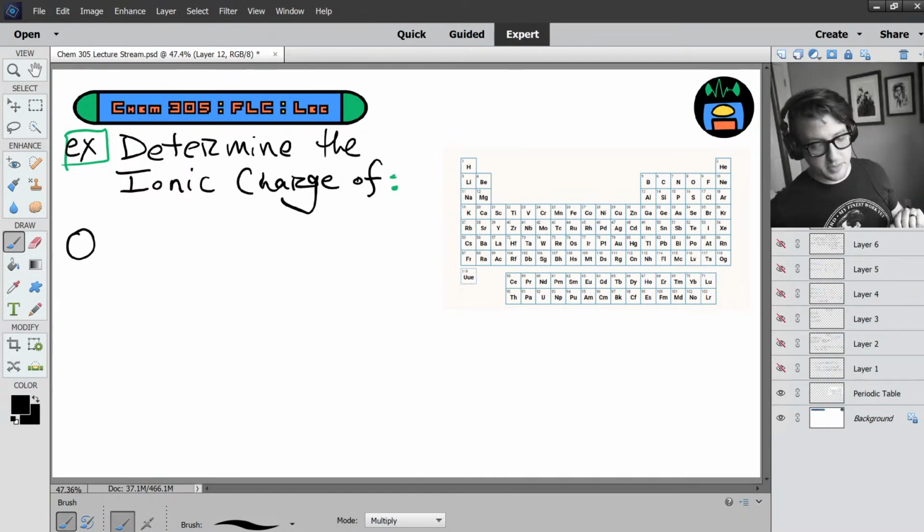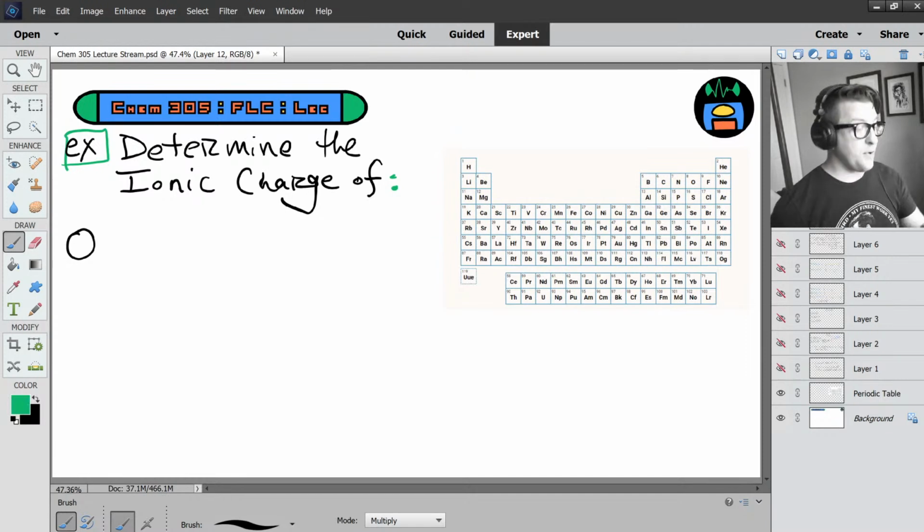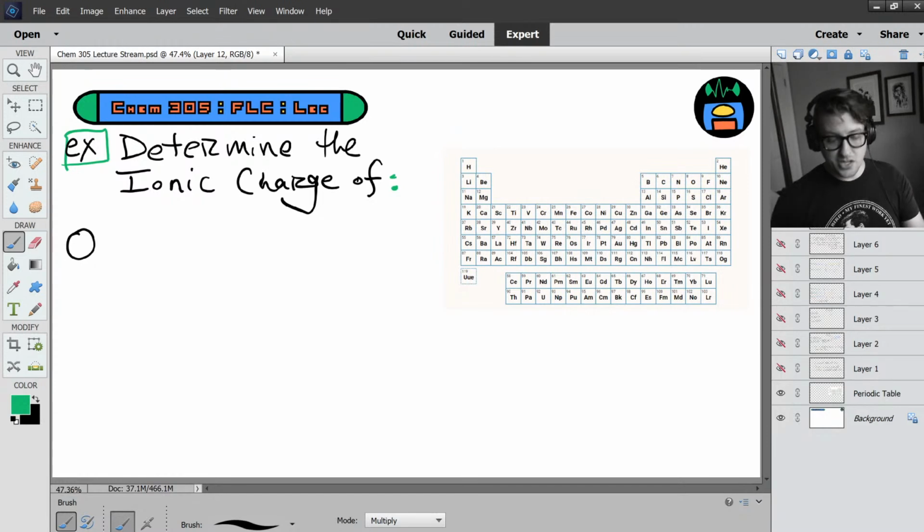Anyways, let's determine the ionic charge of our first element, oxygen. So check this out. If you're worried, oh my gosh, do I have to write out a bunch of electron configurations? You don't. All you have to do is locate oxygen, who has 8 electrons, and you can see that from the periodic table.